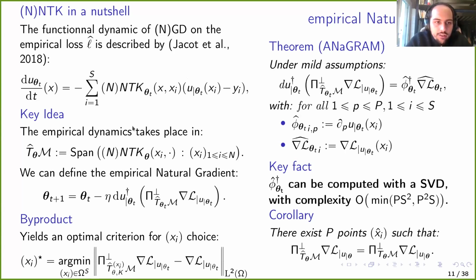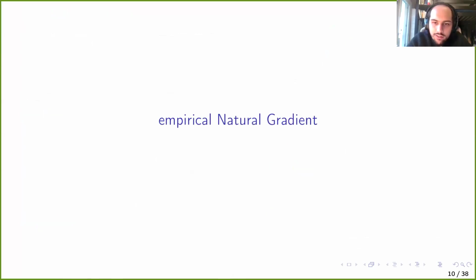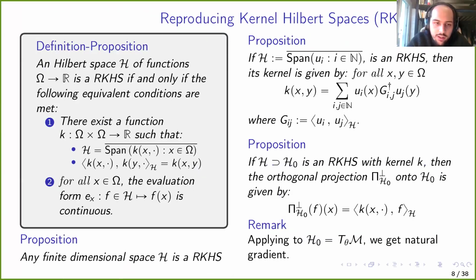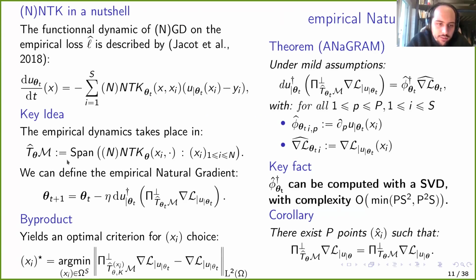Okay, so this is the intuitive idea, but from the mathematical point of view, we can be more precise than what we said before, that is that the update happens in this green space here, which is a tangent space, by defining a new space, which is what we call the empirical tangent space, which is given by the samples we use to optimize, I mean to define the residue.